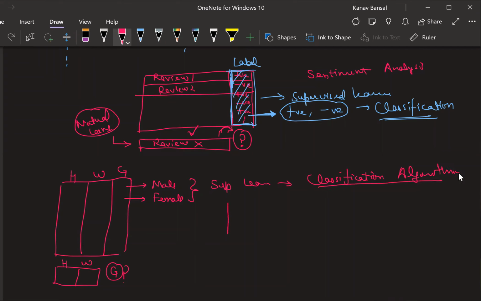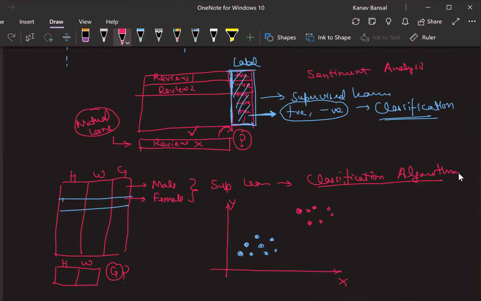Now, do you remember how we solved this problem? We solved it by using this kind of figure. We took each and every data point and created a scatter plot for this entire data. Do you remember that all the female data points occurred somewhere here, and all the male data points somewhere here?